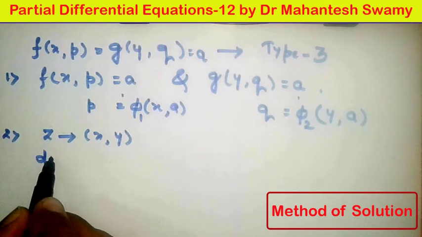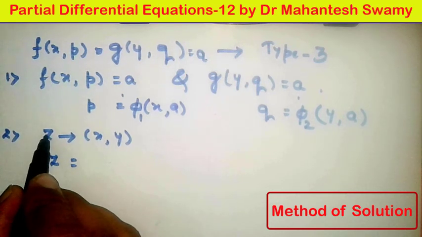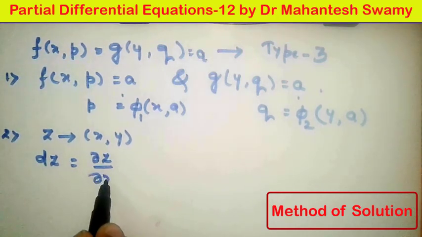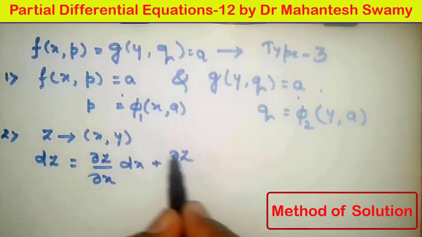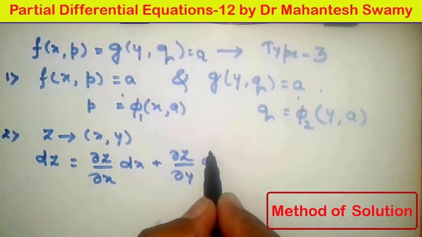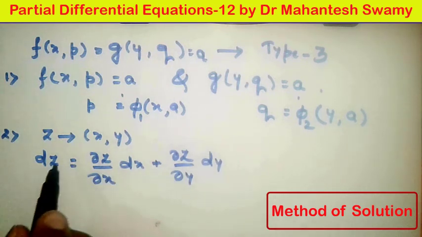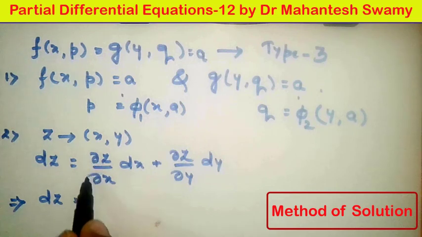Therefore dz, the differential of z, will be equal to dou z by dou x into dx plus dou z by dou y into dy. This we all know. One can refer to the previous chapter on the total differential for this particular step.